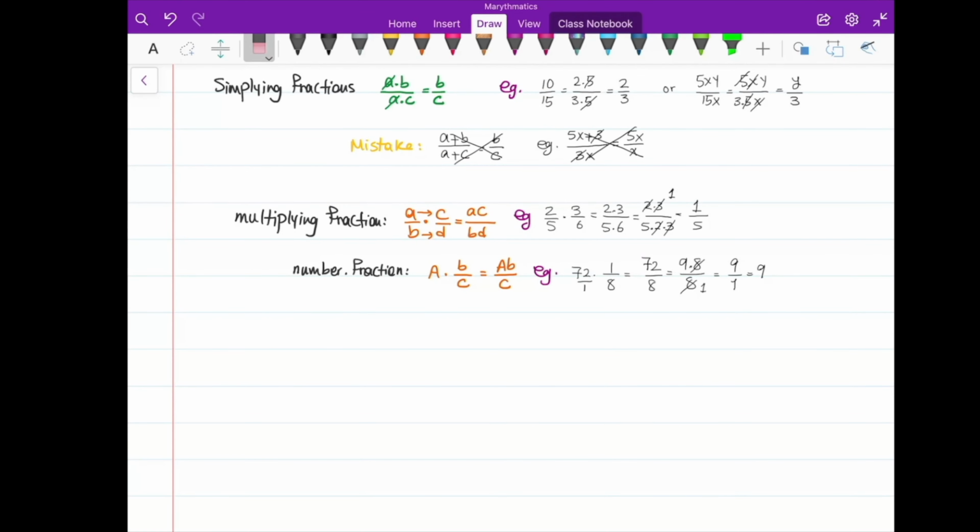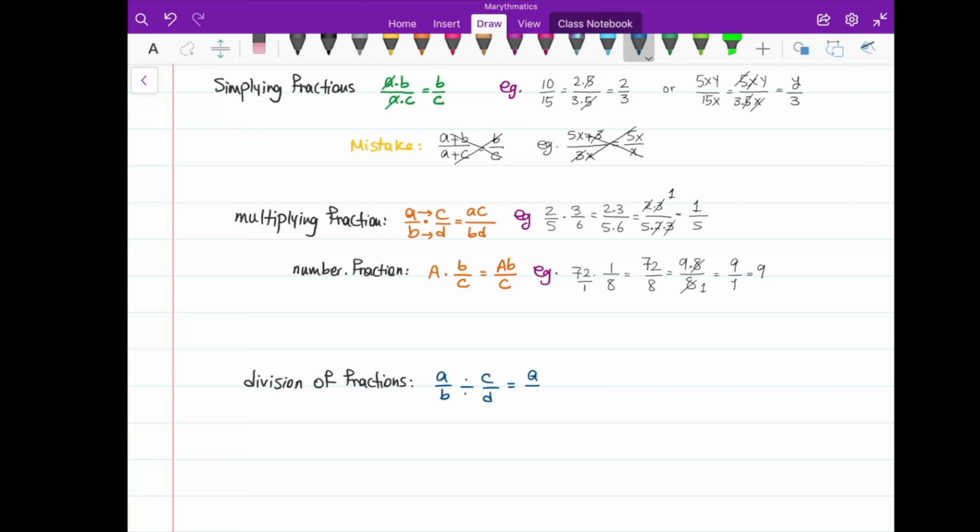Okay, something else that is useful to know is division of fractions. How does that work? Well, if we have a over b divided by c over d, I'm going to change this into multiplication.